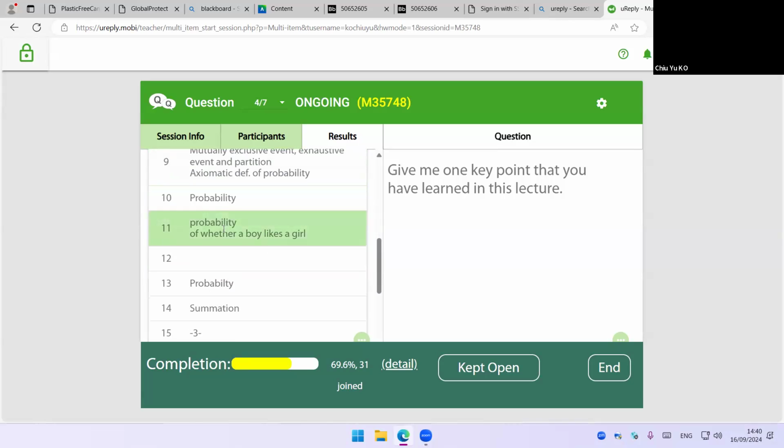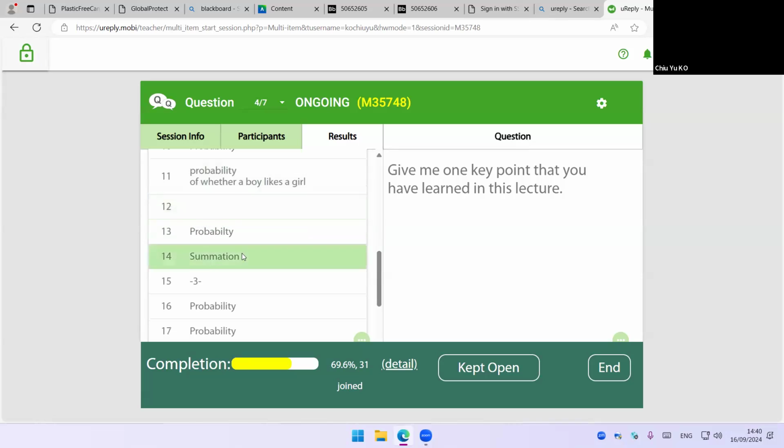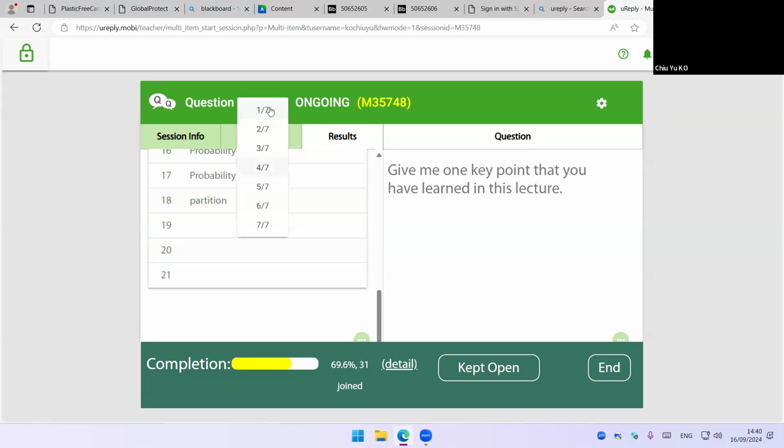You can assume it's equally likely, 1/2. You can make some assumption, or look at signs, like how many minutes she looks at me, in a checklist. You can do something, but that's the definition. Summation, partition, yeah, that's good.